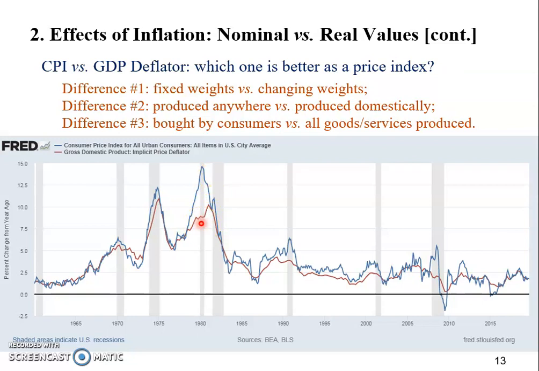How could there be such a huge gap between these two in certain historical periods like this? The clue I can give you is to think about what happened during that period of time in history. Specifically, there were two crises in the 1970s. What crises? How did the crises affect CPI and the GDP deflator in a different way? All right, we're going to talk about this during our virtual meeting.